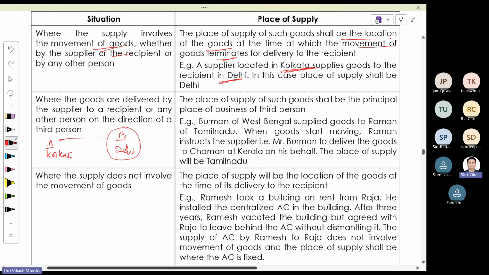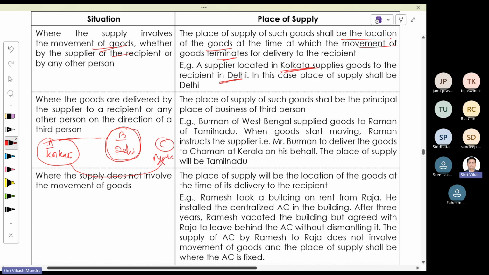When everything is ready, B instructed A, instead of sending these goods to me at Delhi, please send these goods to C of Maharashtra. Now, as per instruction of Mr. B, I am sending these goods to the person located in Maharashtra.